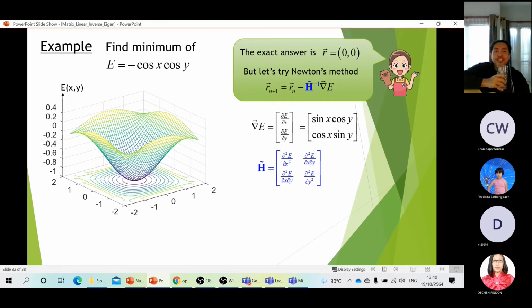Let's say Dishen, you do this d2E/dx squared, and Panda, you do dE/dx dy, and then Patrada, you do the diff with respect to y squared, and then give me the answer. Tell me when you're ready.